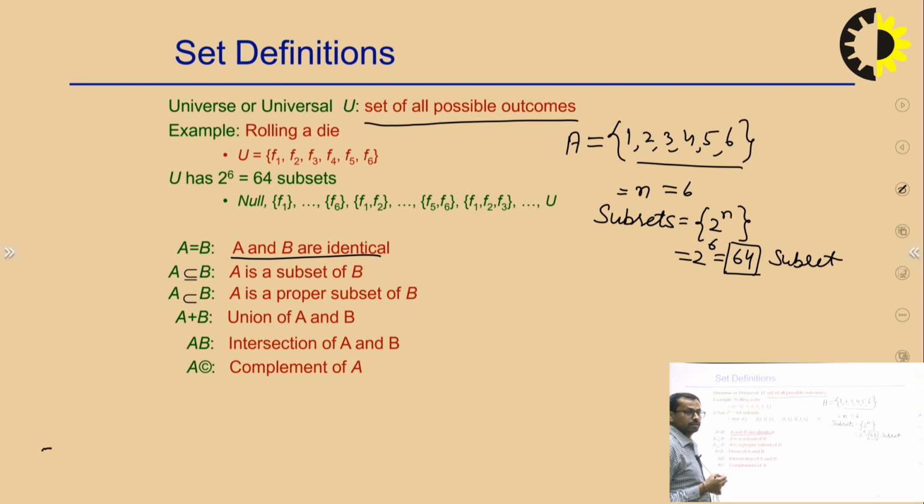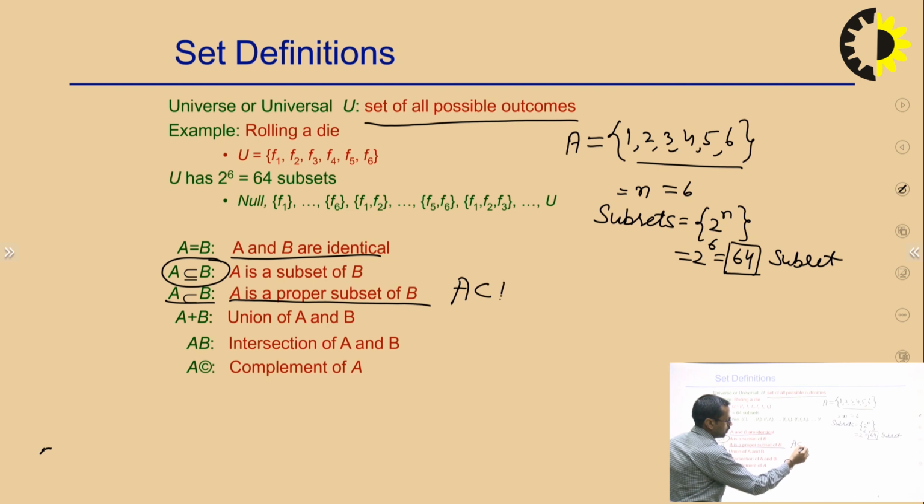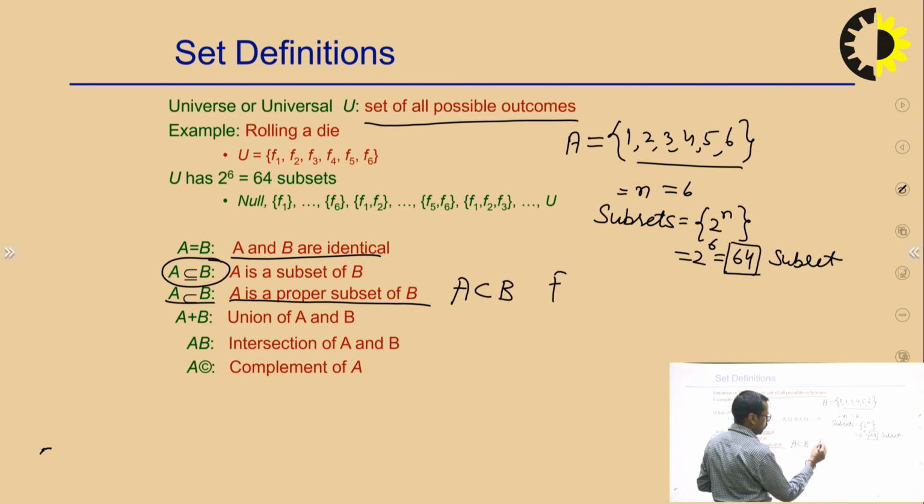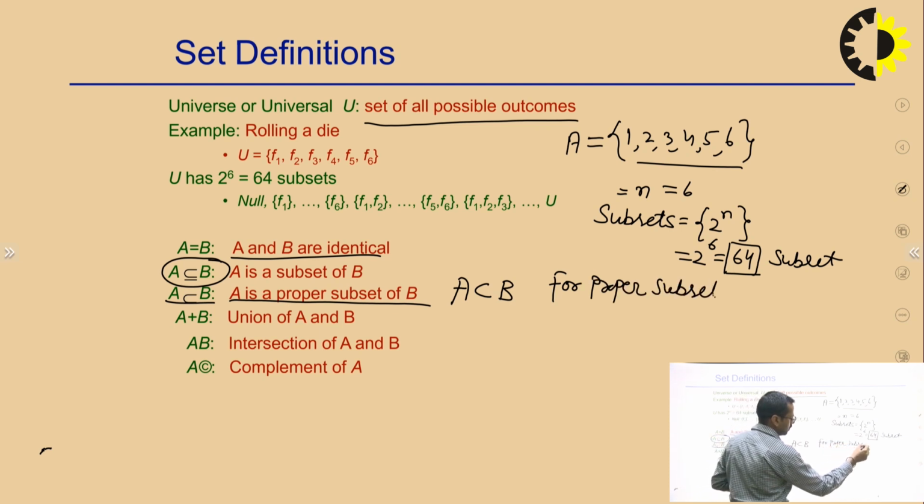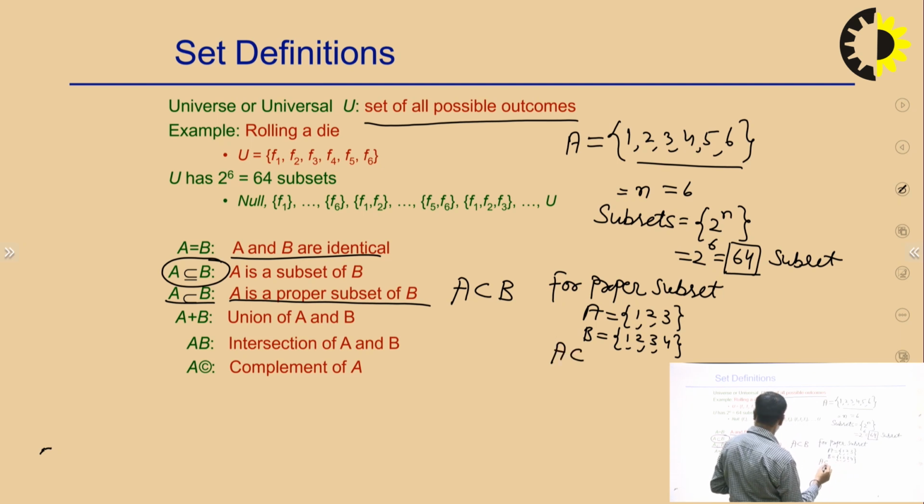If all the elements of A are also elements of set B, then A is a subset of B. We represent it as A subset B. A is a proper subset of B, denoted as A proper subset B. For example, if A equals 1, 2, 3 and B equals 1, 2, 3 and 4, we can represent it as A proper subset B.